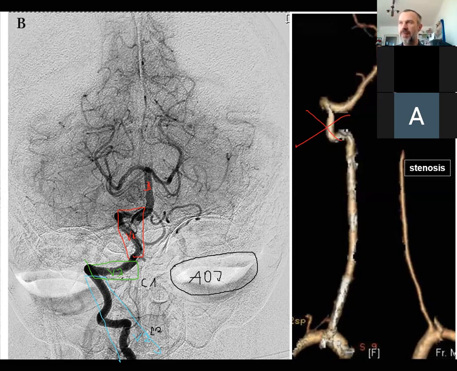So in case no blood comes here, which we call vertebrobasilar insufficiency, what then happens? You are just losing your consciousness. Yeah, you can be dead, but there are these communications from the internal carotid artery, the posterior communicating artery, which will save your life. Yeah, so this is really clinically very relevant.